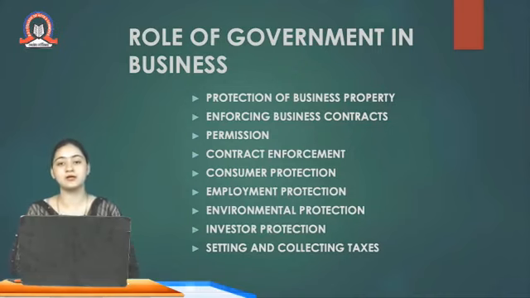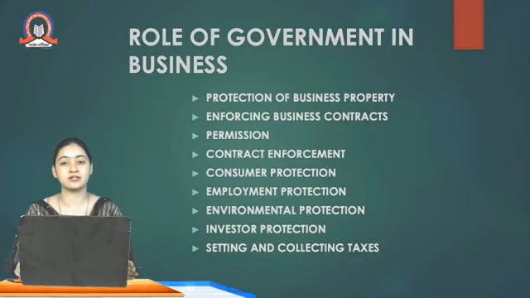The government plays a very important role. The very first role is protection of business property. The protection of all the stakeholders is ultimately in the hands of the government, depending on the policies and the rules. Then enforcing business contracts, permissions, licensing, everything.